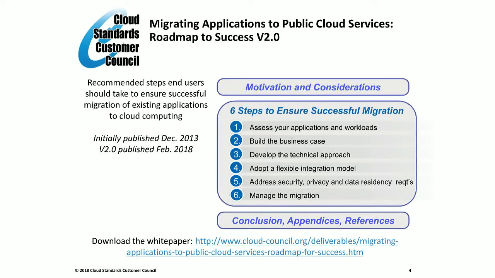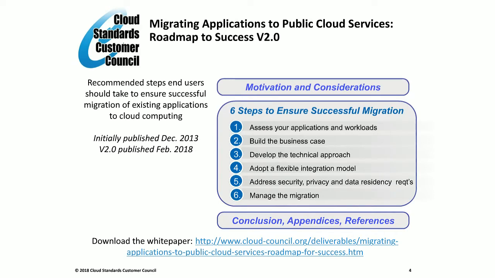Then, logically enough, there are 6 sections, one for each of the steps. And these are recommended steps. Nothing in this is normative, obviously. It's not a standard. The CSCC doesn't do standards, but it provides guidance to users. So these are recommended steps that customers of the cloud should take to make sure that their project or program of migration is successful.